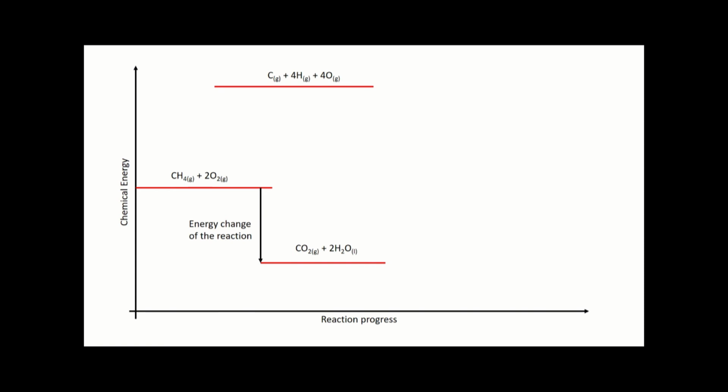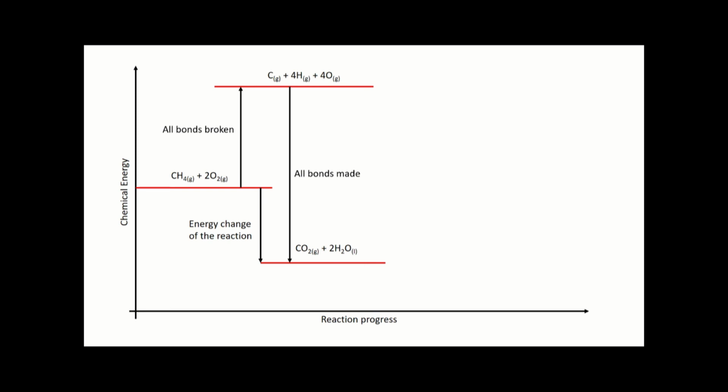So if I break all of those, I will need a certain amount of energy to do that. And so we're going to go up on the graph. All of the bonds being broken is going to require energy. And then my second step is that, well, those atoms there are going to rebond and they're going to form my carbon dioxide and my water. And in doing so, they're going to form lots and lots of bonds, and therefore they're going to release lots and lots of energy.